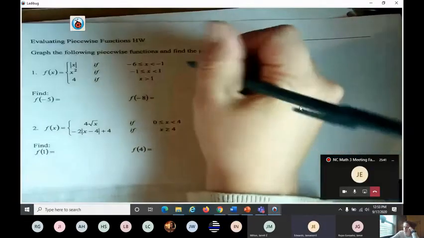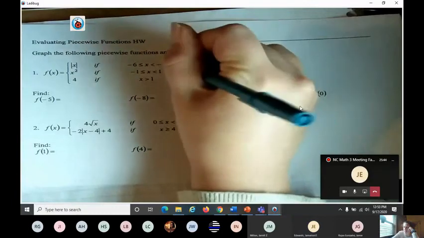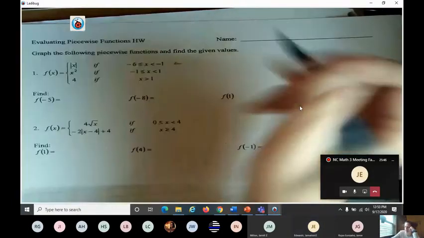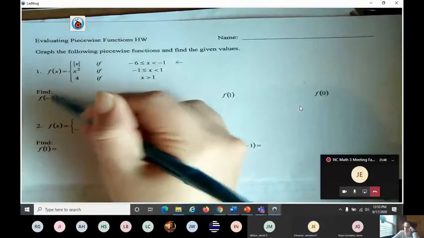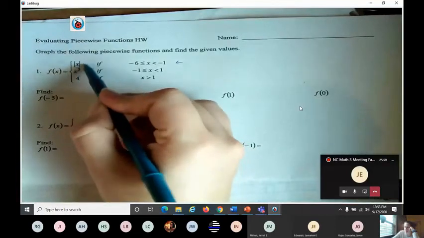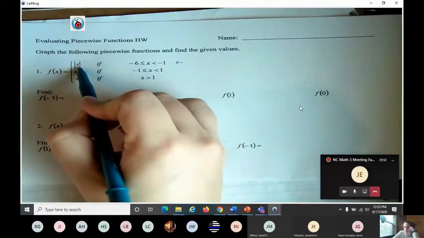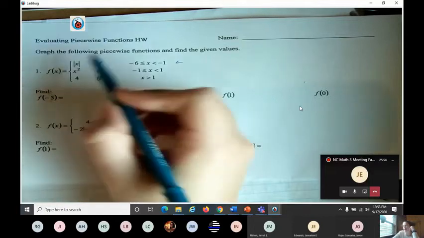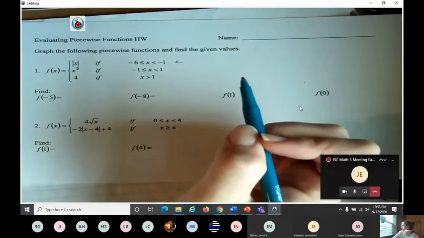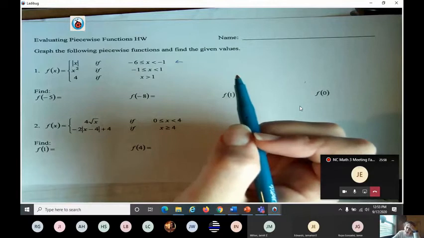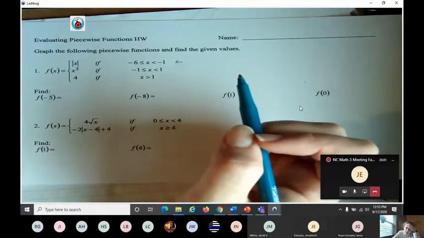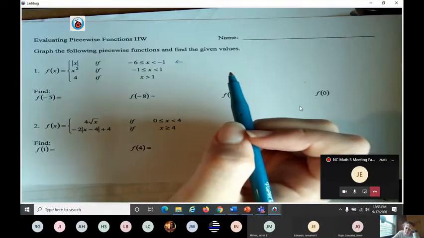Yeah, so -5 is right here in this piece of the domain. That means I'm going to evaluate this number using the corresponding function. So I'm going to use the absolute value of x, okay? And I would like you guys to write these down as we go so that you have this as notes for later on, okay?